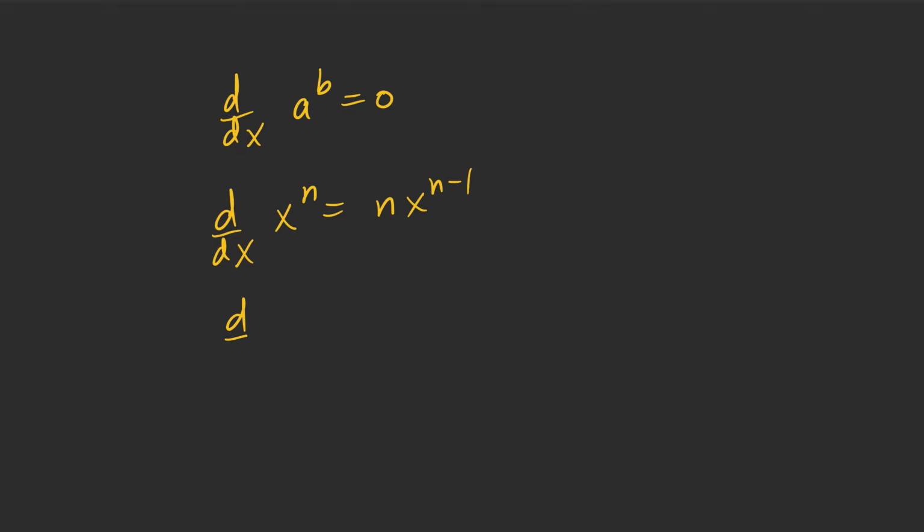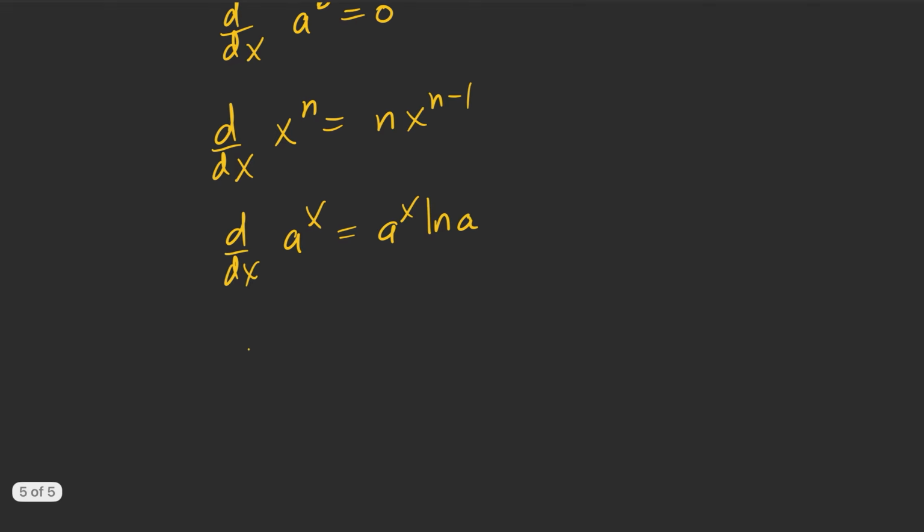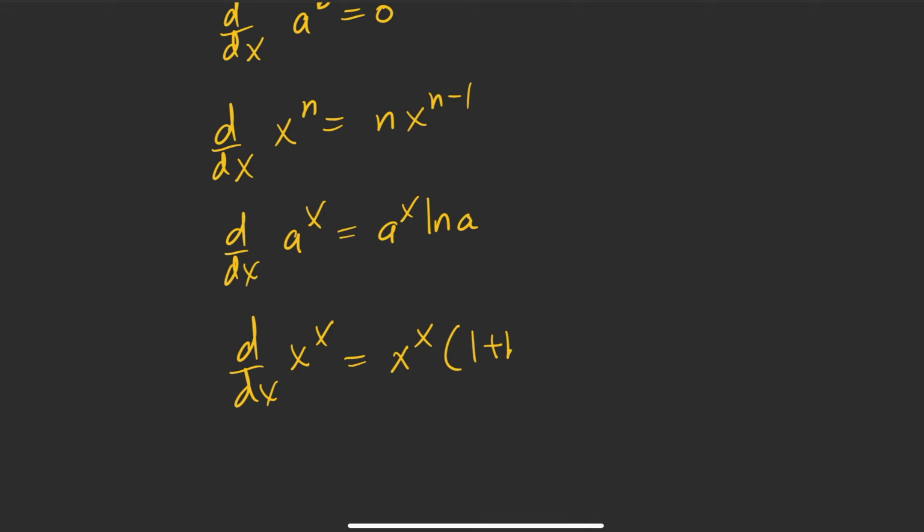The derivative of a constant to the x is actually a to the x natural log a. Remember we spoke about that. And then now you know how to do the derivative of x to the x, which is x to the x times 1 plus the natural log of x.